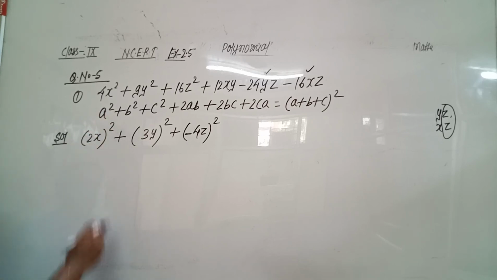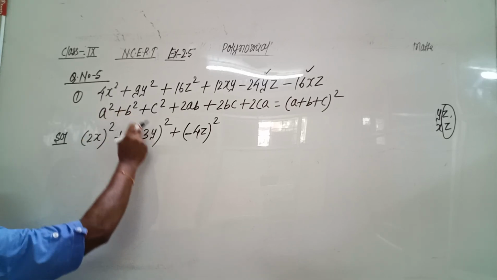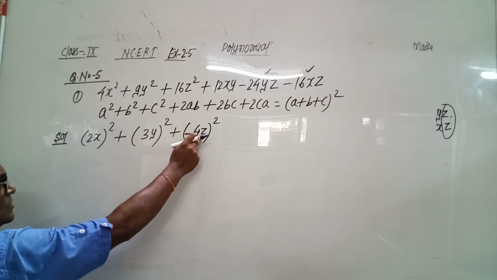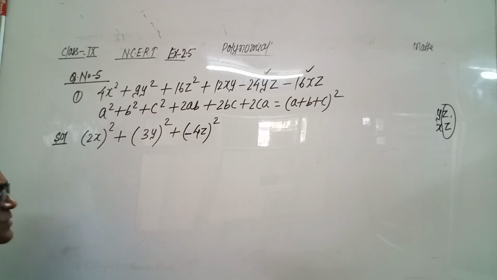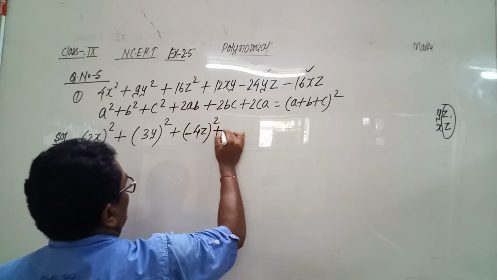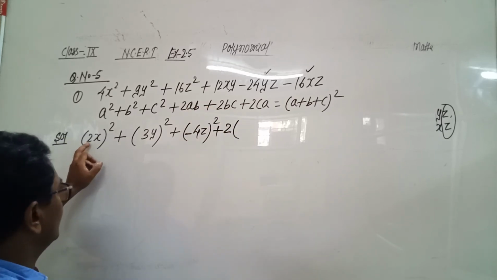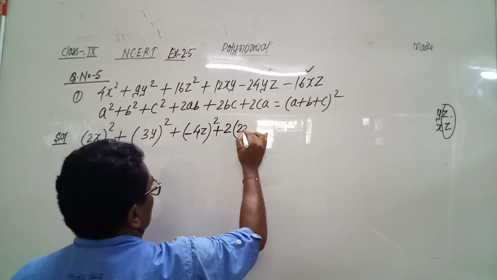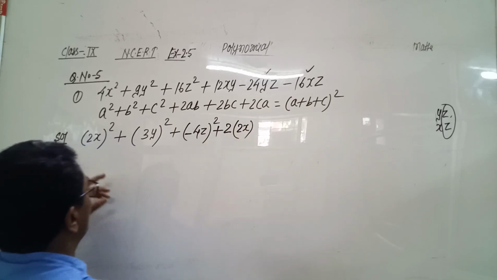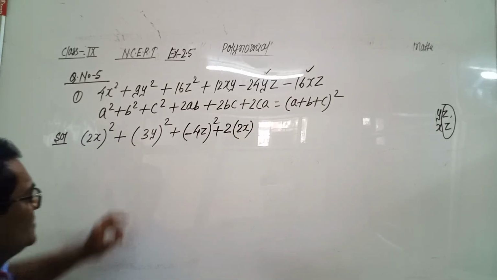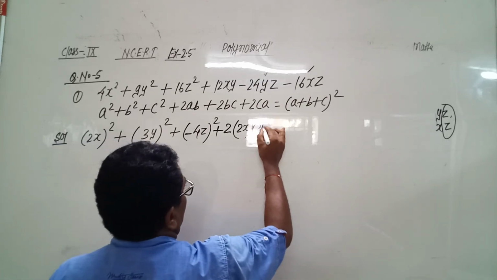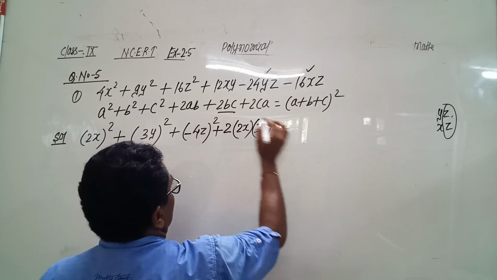Now compare this. So this is a square, b square, and the value of c comes to be minus 4z. Now we have to write 2ab. So 2, at the place of a we write 2x, at the place of b we write 3y. Then we write 2bc.